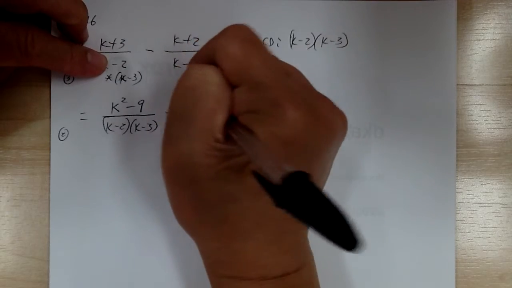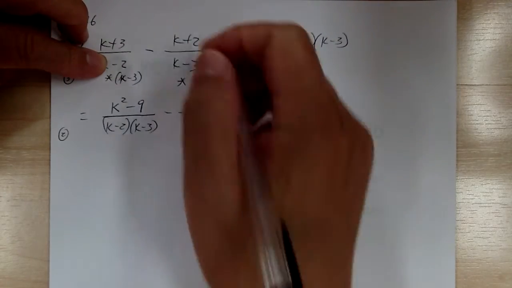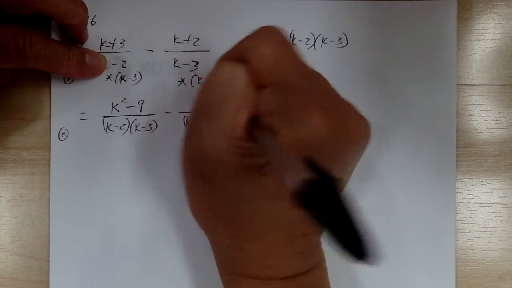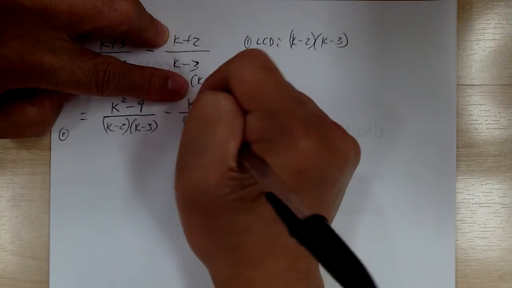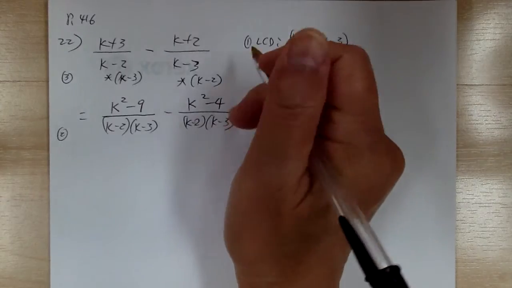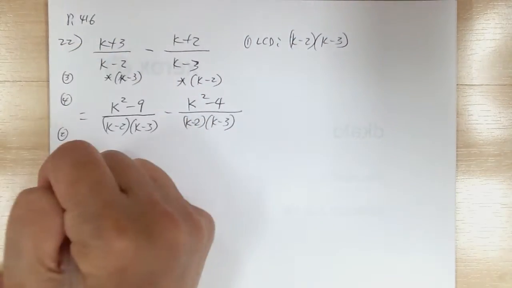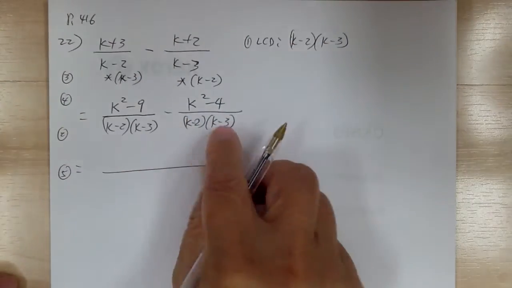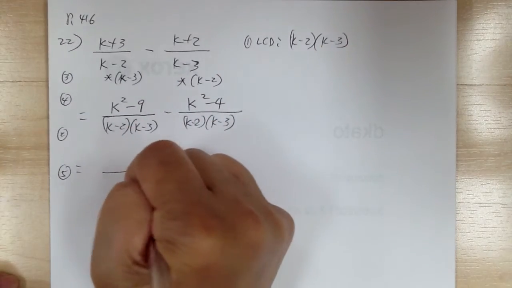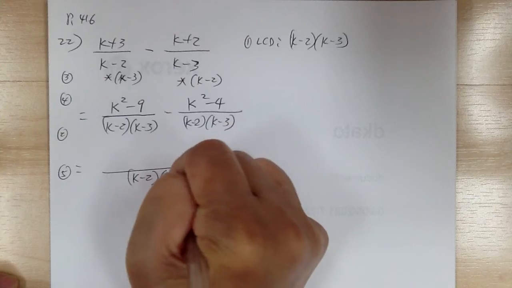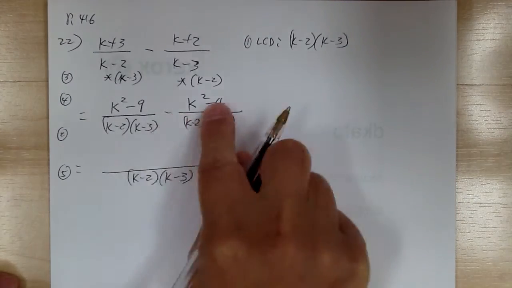This one over here, you're missing k − 2, so multiply by k − 2. Again, on the top you're going to get conjugates, so you get k² − 4. After you get the common denominator, you can combine them. You've got (k − 2)(k − 3), but on the top, again, watch the subtraction.